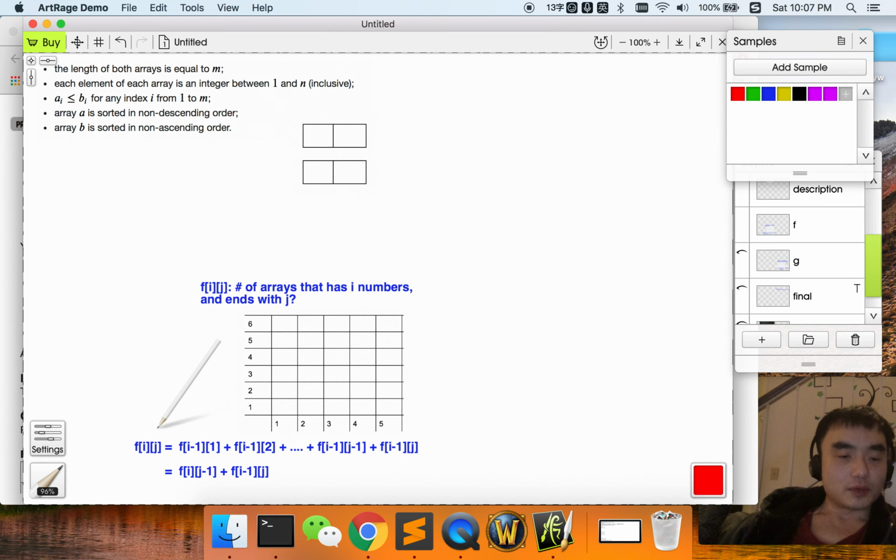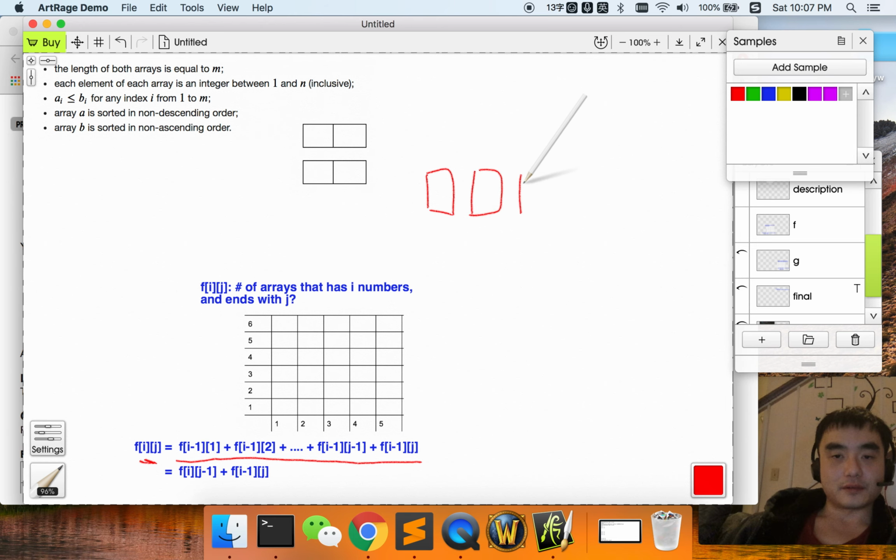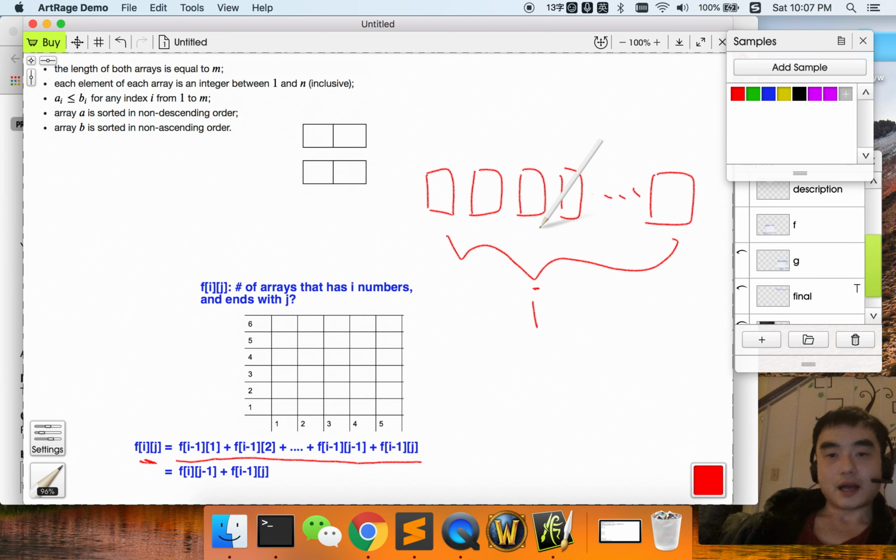And how do we calculate Fij? We use this formula, right? So let's say we have i numbers, i slots to fill, and end with j, right? So we put a j into the last slot, right? And what's the prefix of this array?